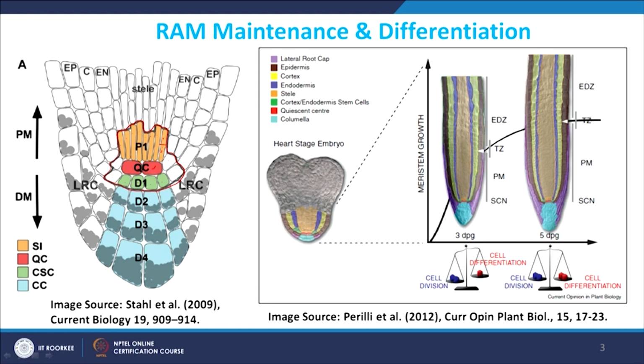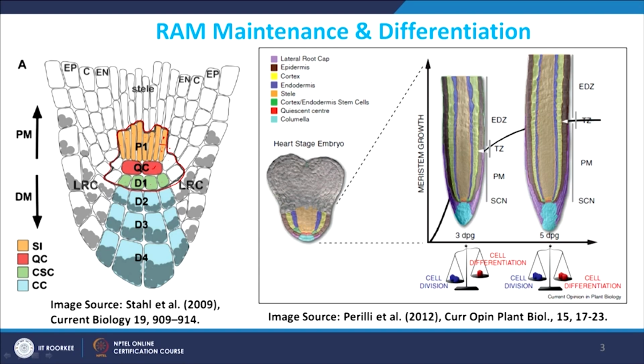The daughter cell towards the QC remains as a stem cell or initial, but the daughter cell which is away enters the process of differentiation. The fate of these cells, the differentiation program, depends on the relative position of the cells.